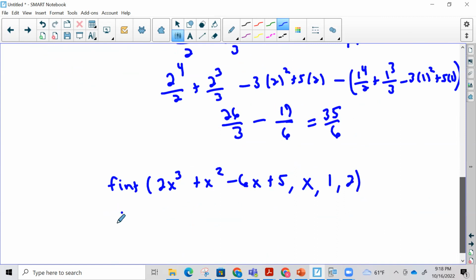Okay, so it's always f int function, comma, x, comma, a, comma, b. A is always your lower bound, b is your upper bound. So if you have an old calculator, that's how you put it in your calculator.